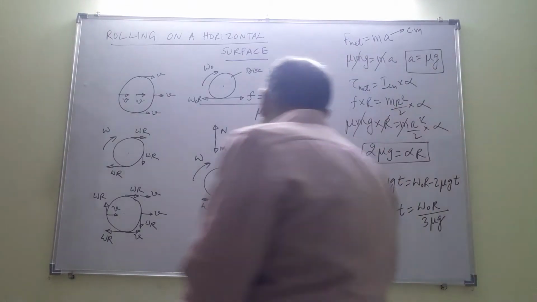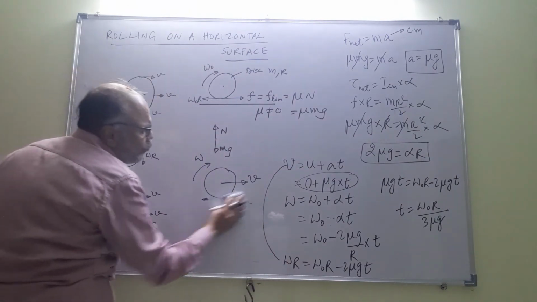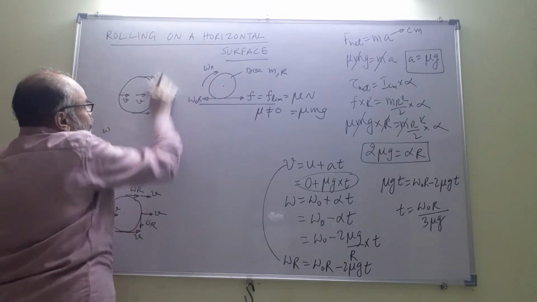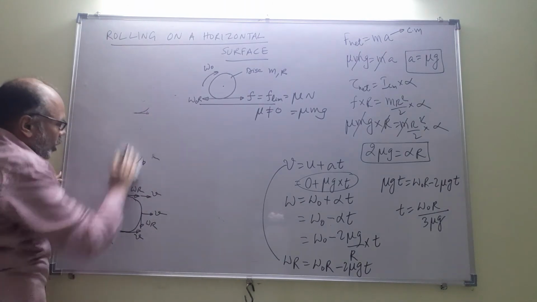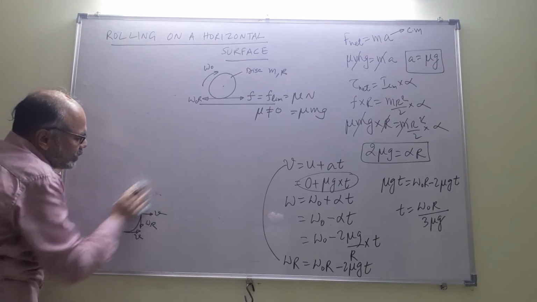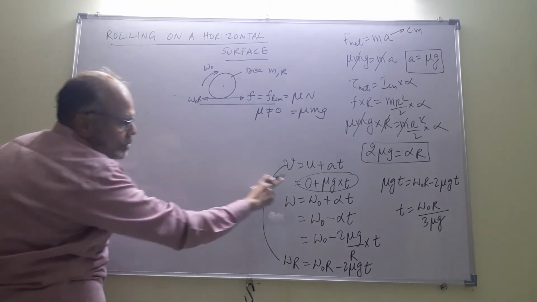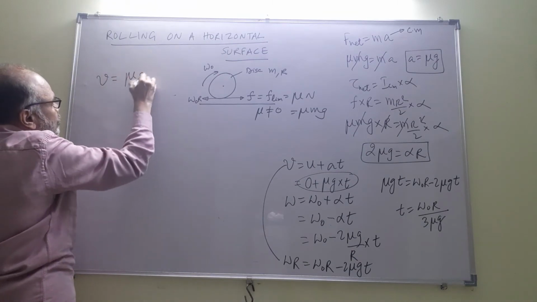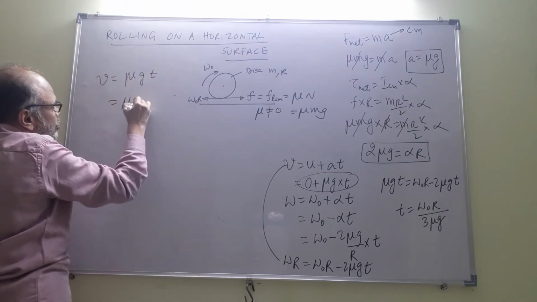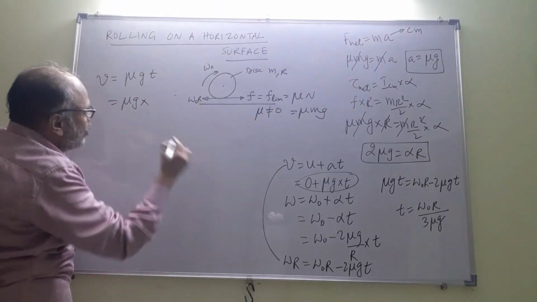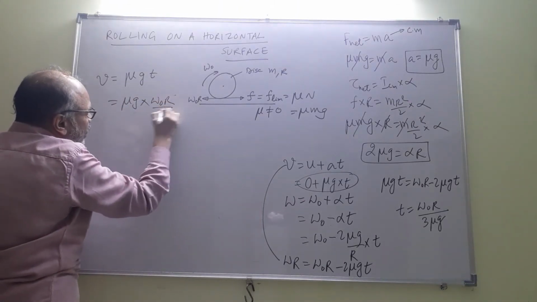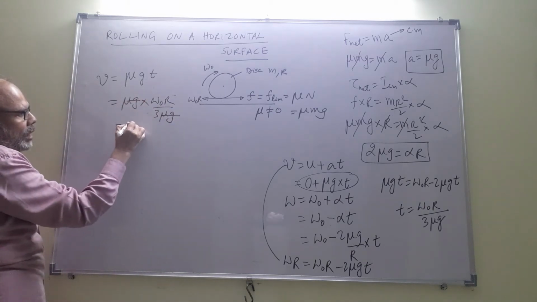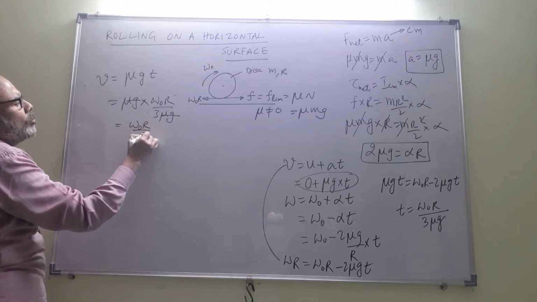When that pure rolling starts, how can we get the velocity of the disk? Use the first kinematic equation. We know V is equal to mu g t. T was omega naught r by 3 mu g. So mu g cancels and you have omega naught r by 3.